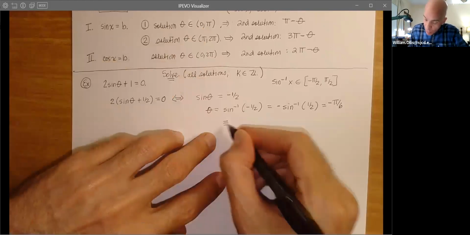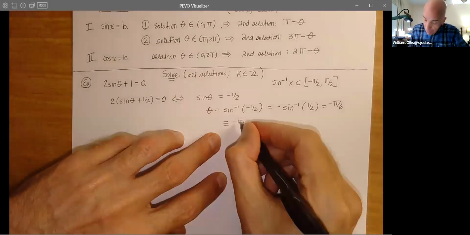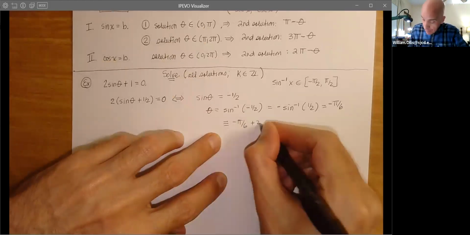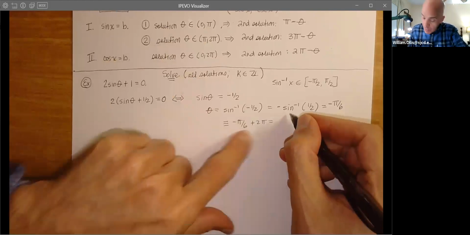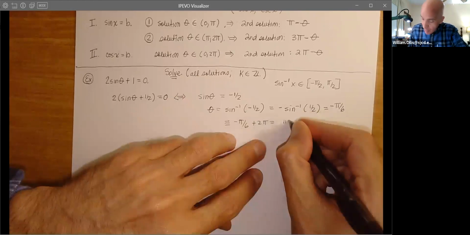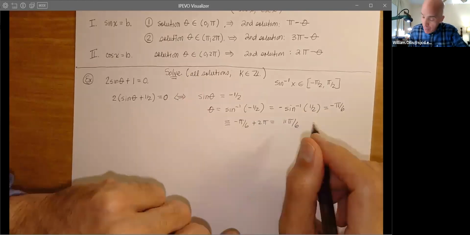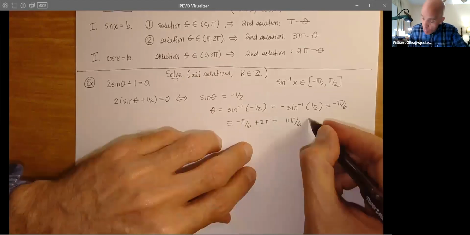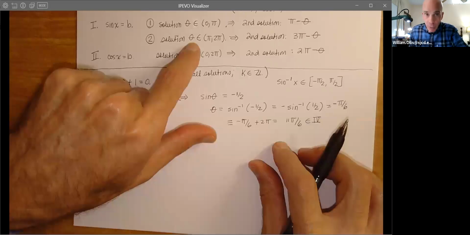So this will be congruent to -π/6 plus 2π. But of course, that would be 12π minus π with the common denominator, and that's 11π/6. Now that's where we want it to be. Of course, this is in the fourth quadrant. This is in the lower arc right here, okay?